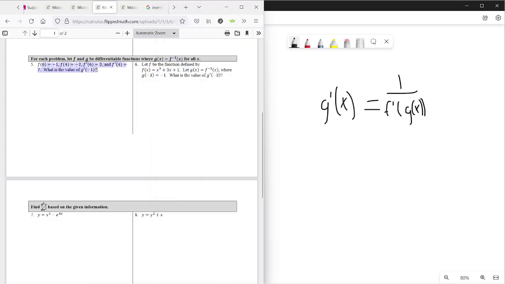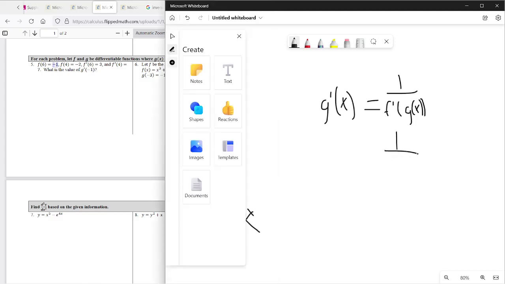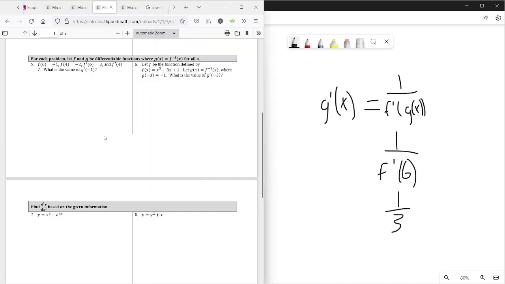So in something like this, where it gives us all the values, we actually have to find g of -1. So g of -1 is 6 because in an inverse function all the x and y values are swapped, and we see -1 is the y value at x equals 6. So 1 over f prime of 6. That's going to be 1/3.